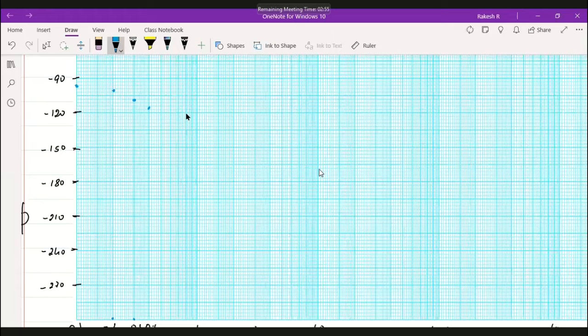Next is -137 for 0.8. This is 1, 0.9 and 0.8. 137 comes below this one, here. Next, for 1 it is -146, a little above 150. Next, for 2 it is 175, exactly in the middle here.